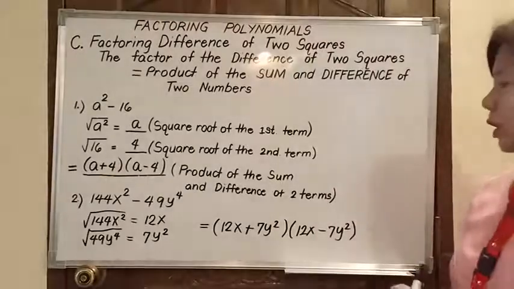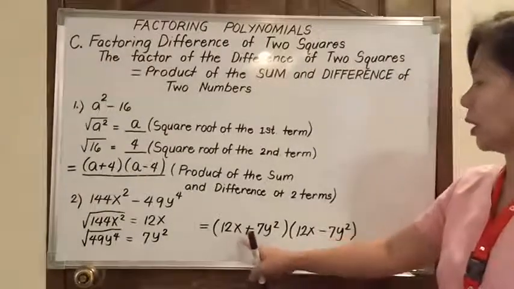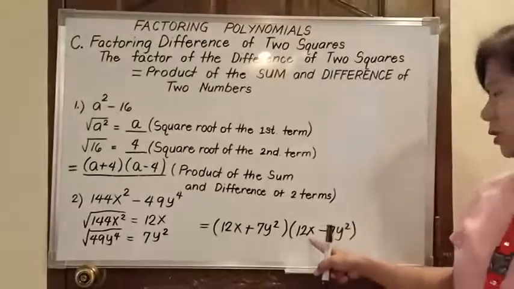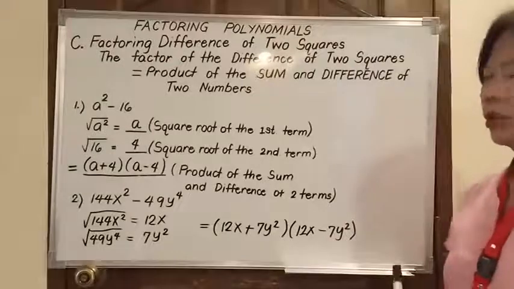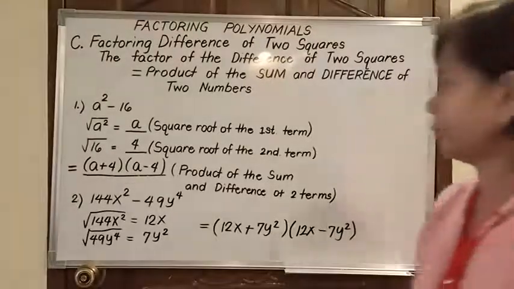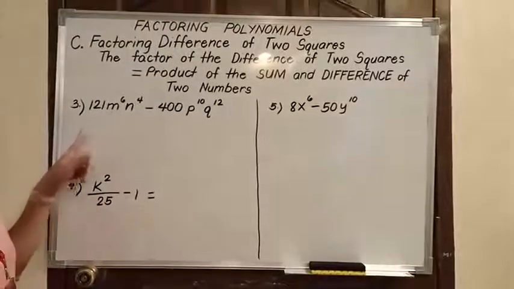So the factor is the quantity 12x plus 7y squared times the quantity 12x minus 7y squared. Next. Okay, we have now example 3.